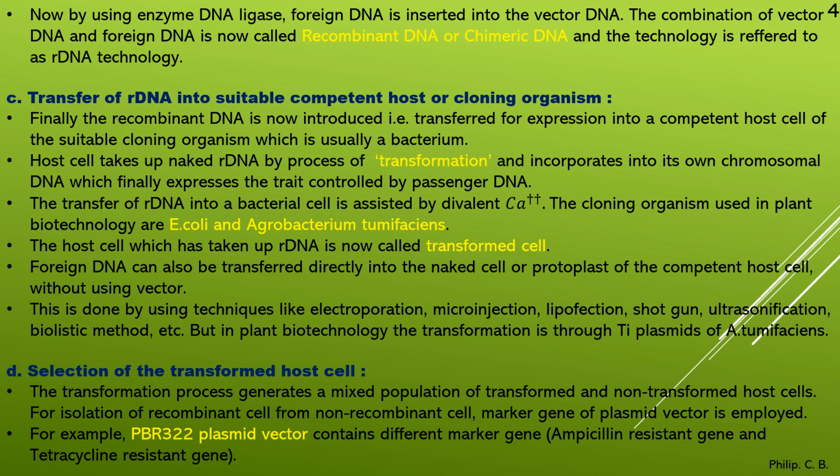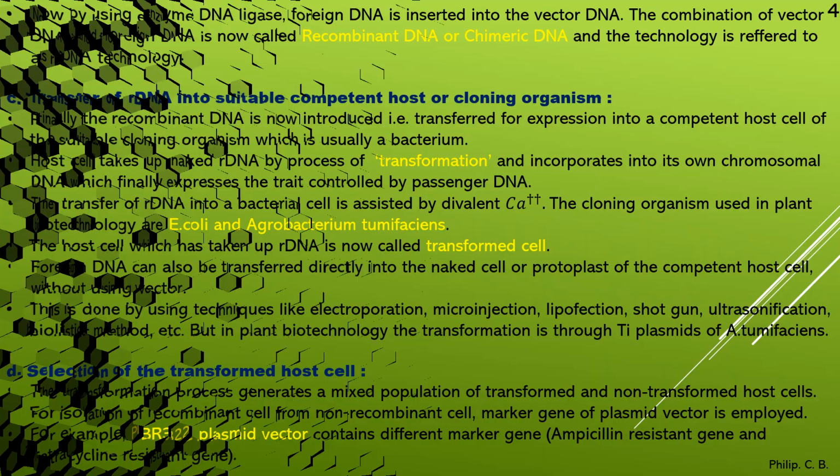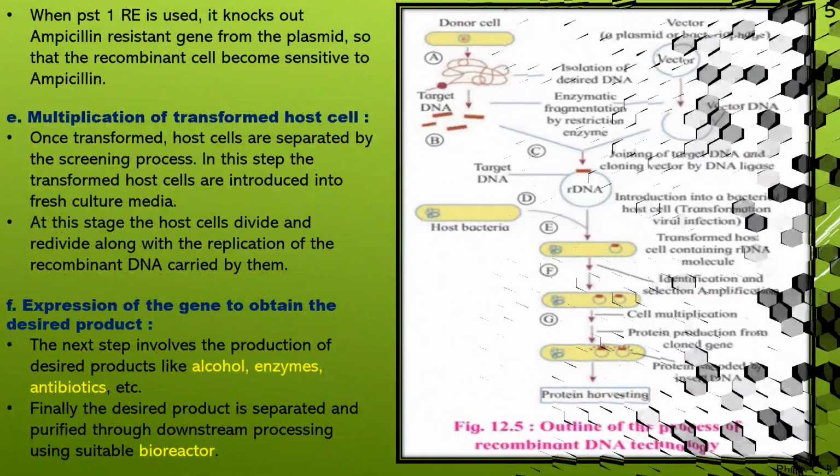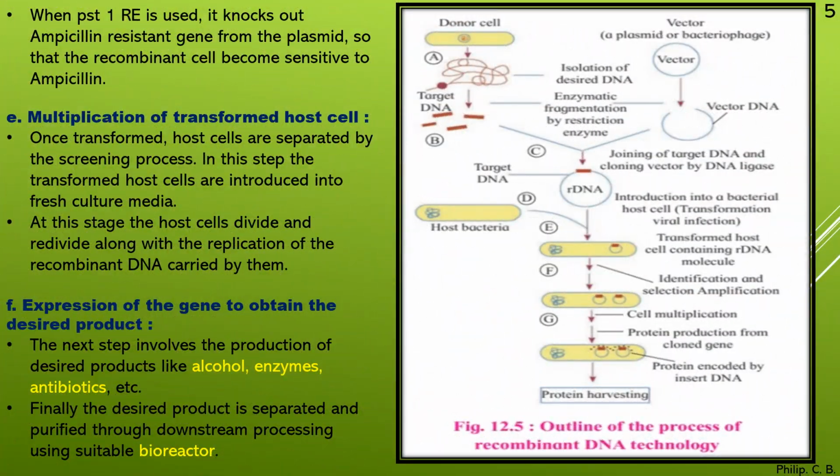So here a particular marker gene is used. Further, when PstI RE is used, it knocks out the ampicillin resistant gene from the plasmid so that the recombinant cell becomes sensitive to ampicillin. That's where the PstI, that is the restriction endonuclease, is used.